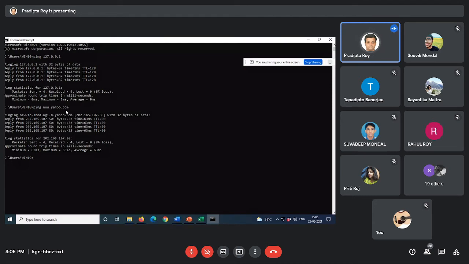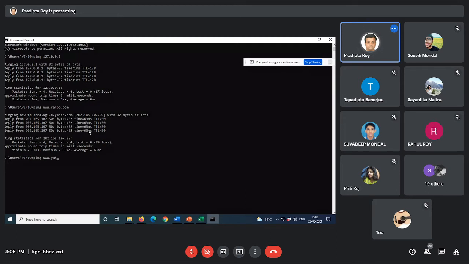After crossing them, my transmitted data is received by the Yahoo server, and the Yahoo server gives the reply. My machine calculates the time difference between the transmitted data and receiving the acknowledgement. That time difference is basically the 63 milliseconds.